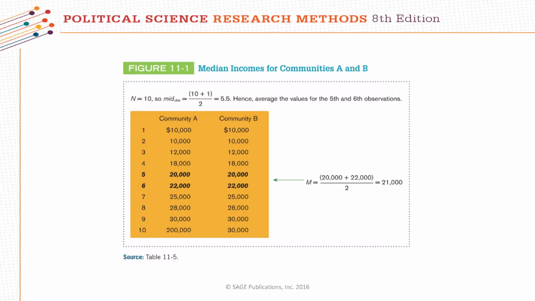So what we want to do then is take the median. And the median for both instances is going to be 21,000, right? If you take the median for both these sets of observations, you're going to get the same median, which is going to give you a better sense of the measure of central tendency. Just because one person in your neighborhood has a $200,000 house doesn't mean you live in a neighborhood full of $200,000 houses.